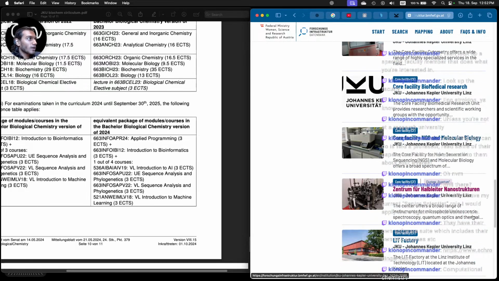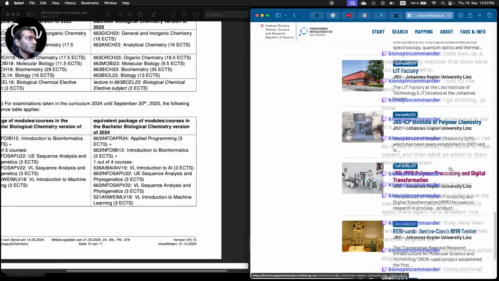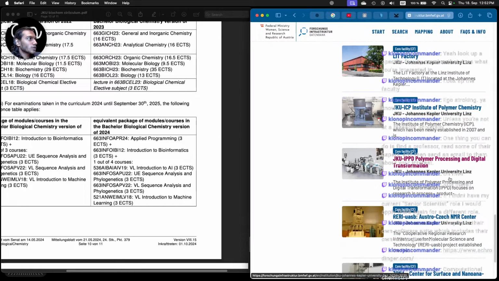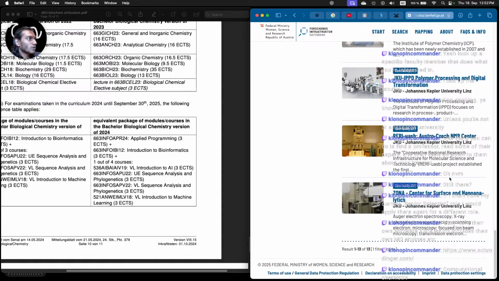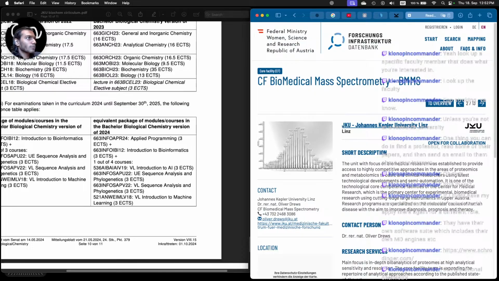Okay. Microphotoluminescence. Core faculty NGS. Next generation sequencing and molecular biology. Yes. Polymer chemistry. Polymer processing and digital. So let's start with biomedical mass spectroscopy.